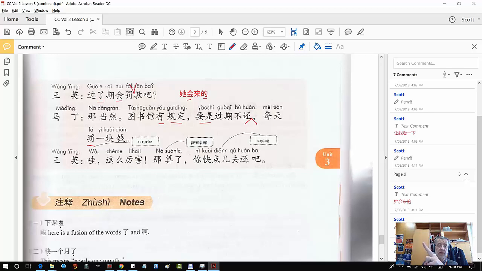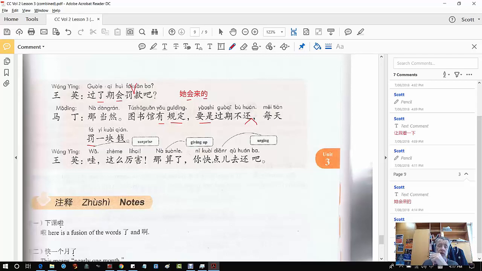But here, 罚 is the true verb in that expression. So 罚 can be used together with other kinds of nouns. And so here, 每天罚1块钱. So every day, you'll be fined or penalized 1块钱.